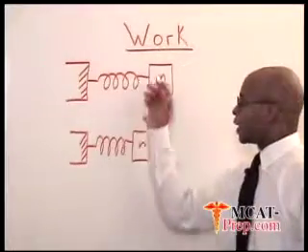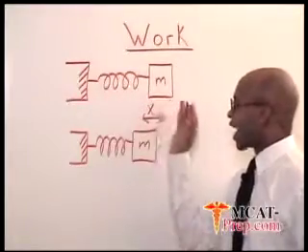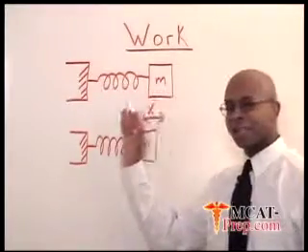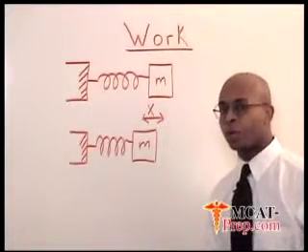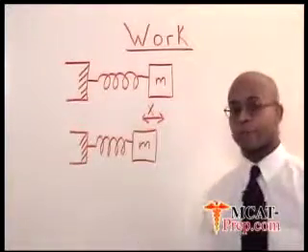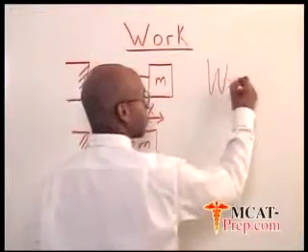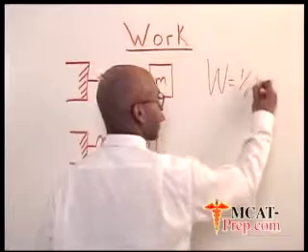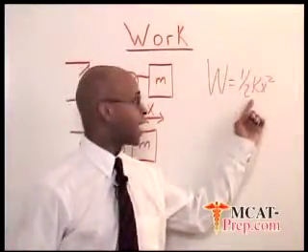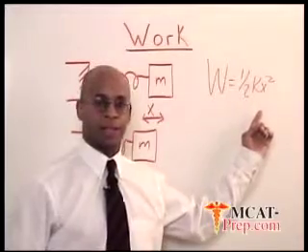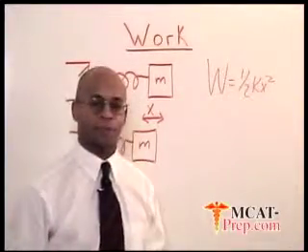As we have the mass in this position, and it moves, it's displaced a distance x, we can calculate the work done by the spring. The work is given by 1/2 kx squared. Work being 1/2 k, the spring constant, x, the displacement, squared.